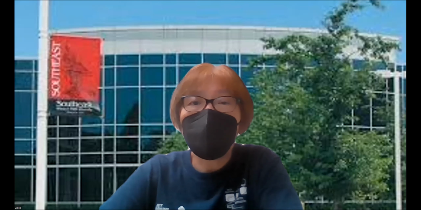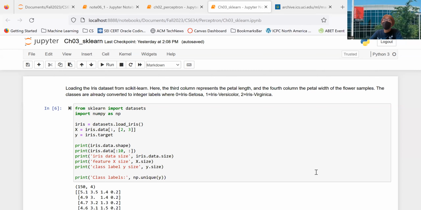Okay, next we are going to take a look at the coding, because that's what we care about the most. Previously we learned pandas and numpy, and those are not machine learning.